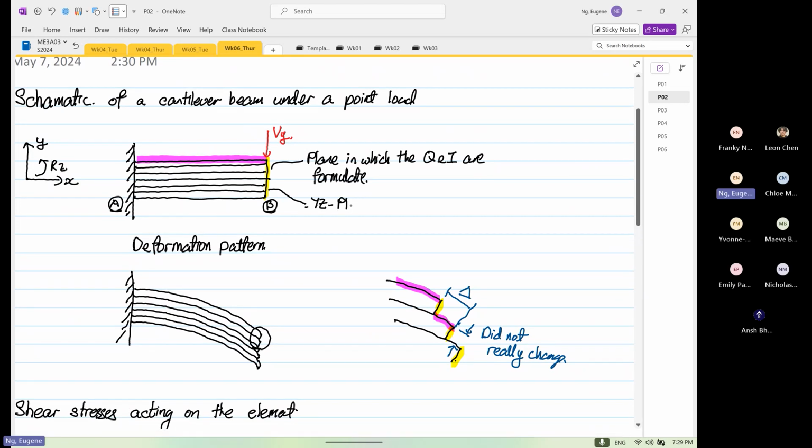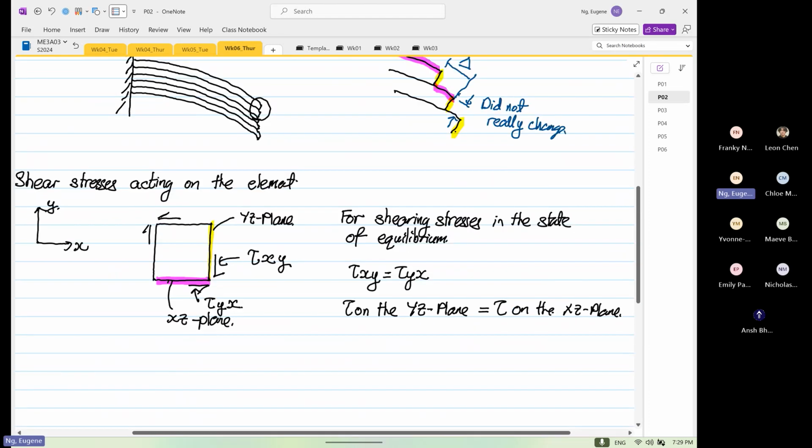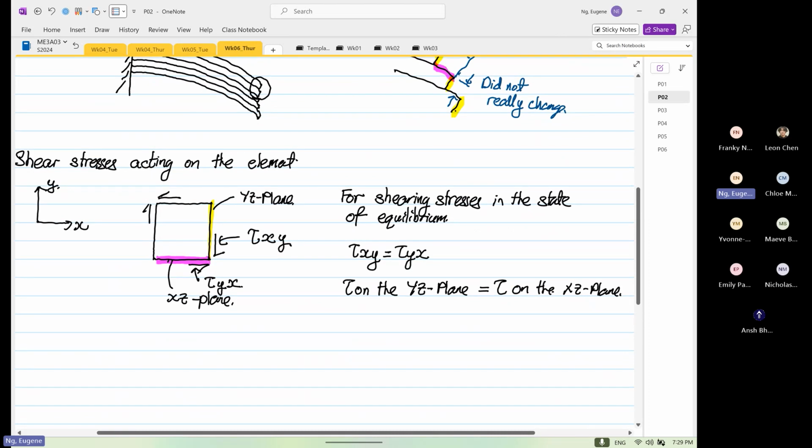Okay, YZ plane. However, the fracture occurs on the XZ plane. So I will call this fracture. Because in the state of equilibrium, the shear in the XY direction is equal to the shear in the YX. Okay, so this looks a bit confusing, and I will now explain what it is.